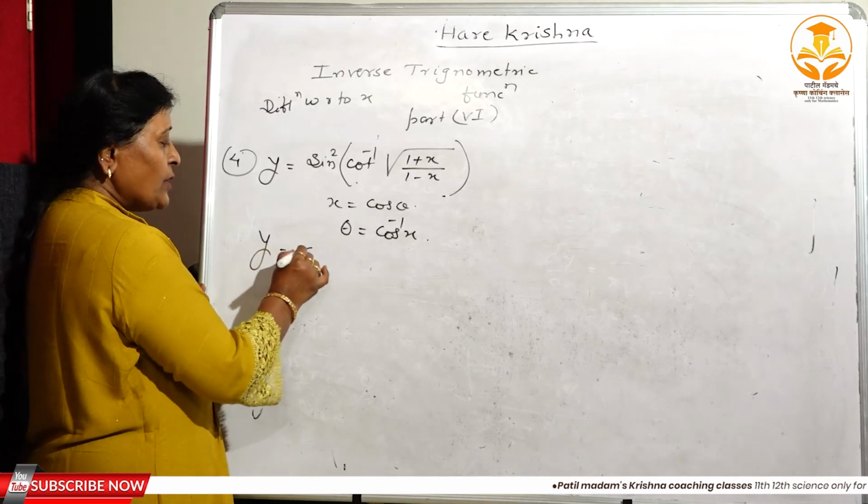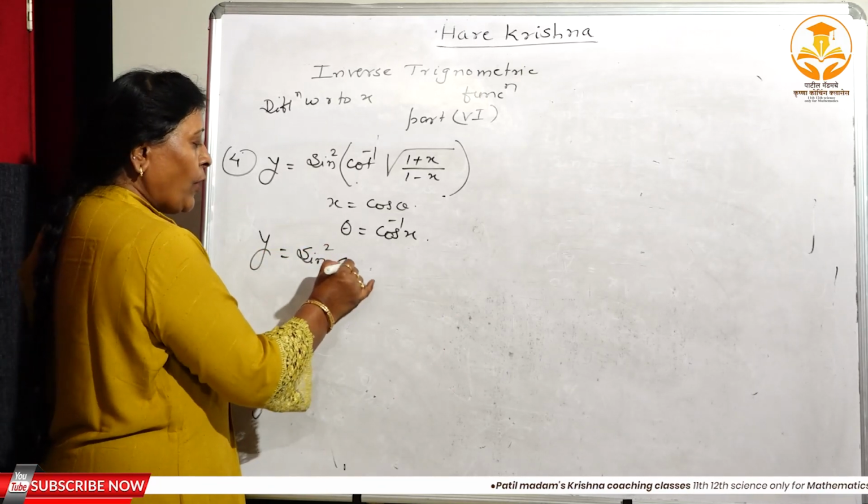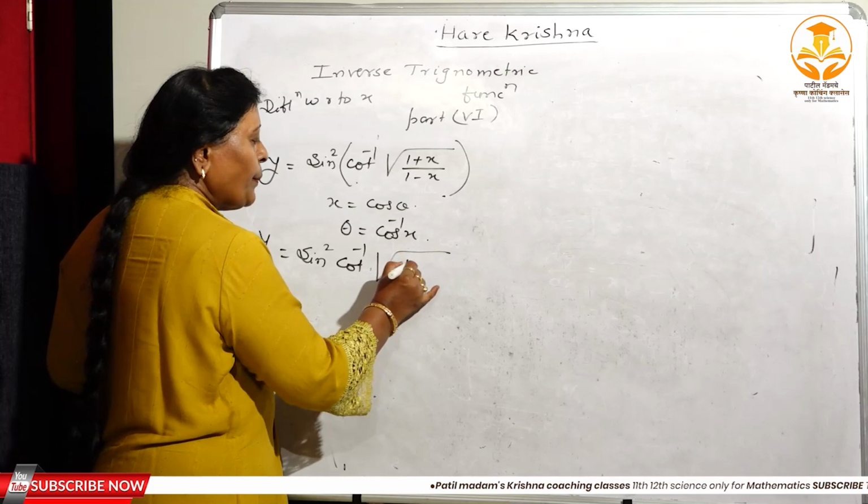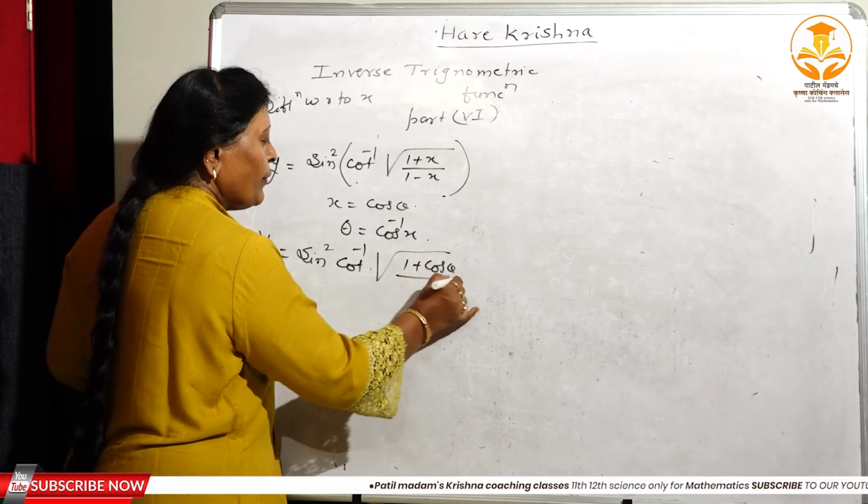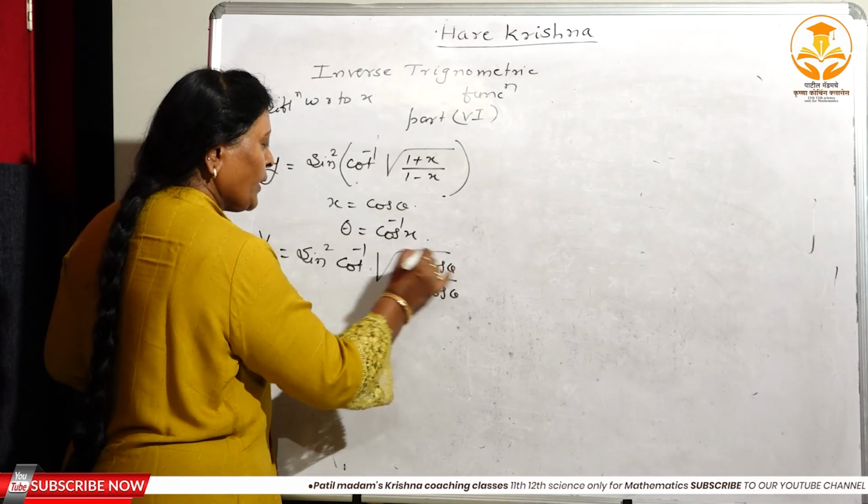Y is equal to sin square cot inverse root of 1 plus cos theta, here 1 minus cos theta, right?